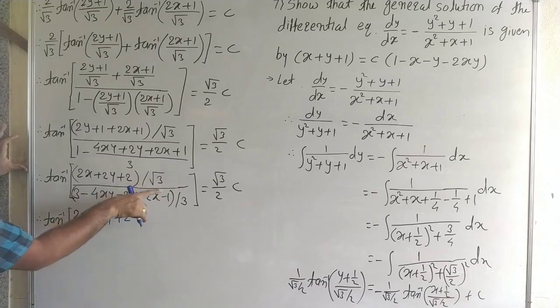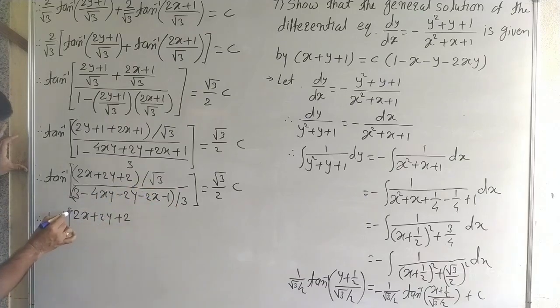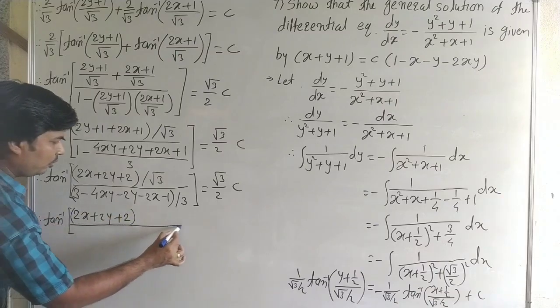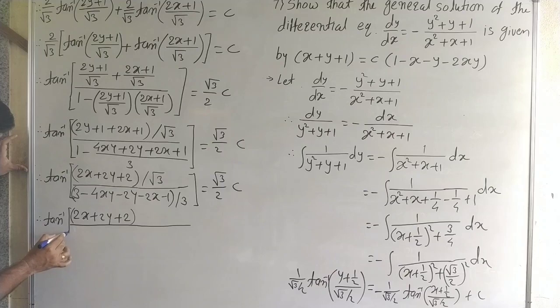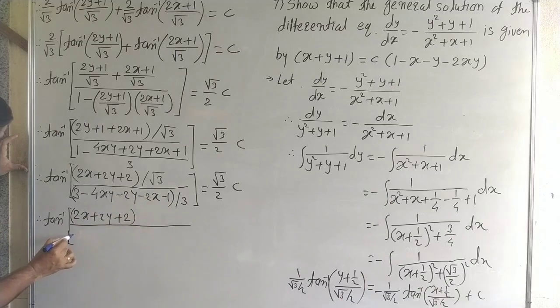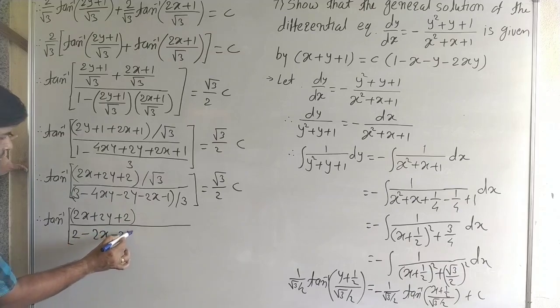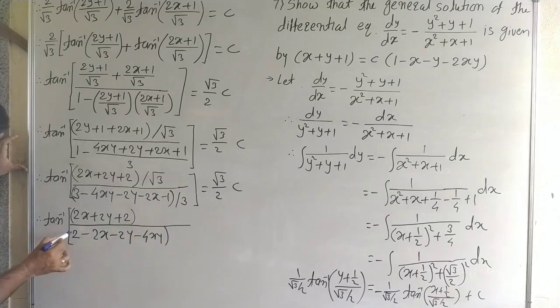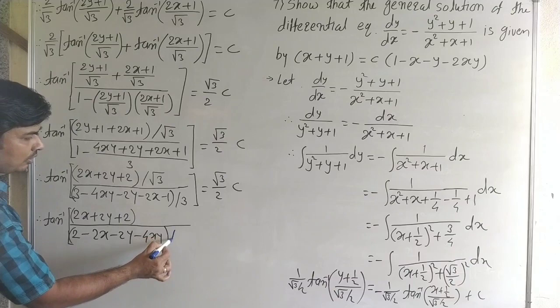Okay, this root 3 and this root 3 get cancelled, and whole to the upon, in this here 3 minus this, then we can write here it is a 2 minus 2x minus 2y minus 4xy upon under root 3.